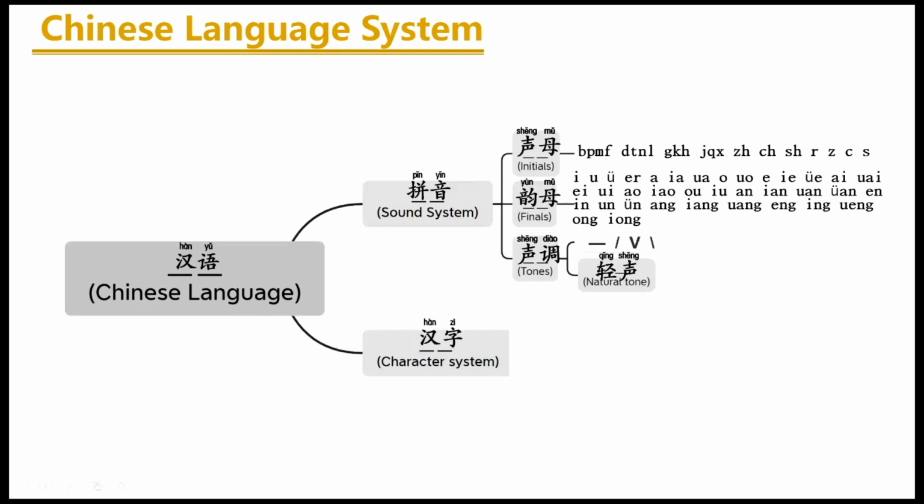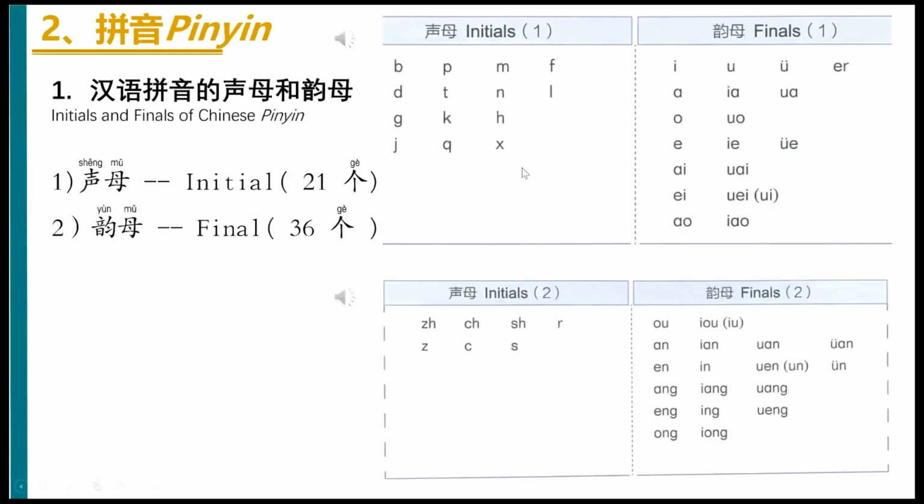Okay, let's go through it more specifically. First, 拼音. In total, we have 21 声母 and 36 韵母, which are all listed here.